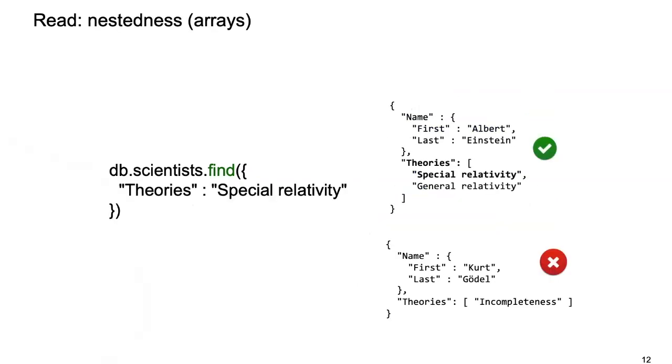And something that I think one of you asked last time, but I can also repeat it, is that when you query for an atomic value, a string, a number or something, it is actually also going to return arrays that contain that value, right? So if you look for theory, special relativity, it's also going to return documents that have an array containing special relativity.